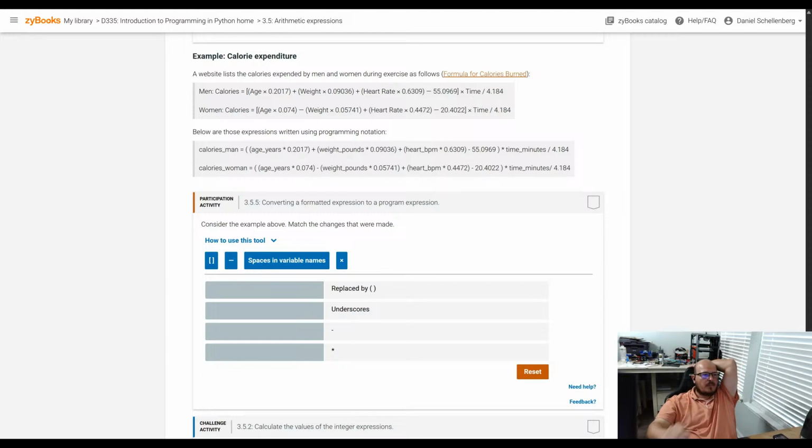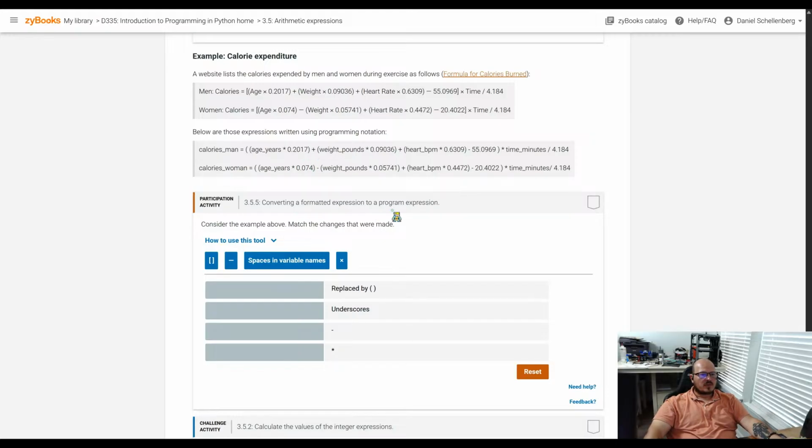So, okay, below are those expressions written using programming notation. So calories man equals, and then age years times 0.207.